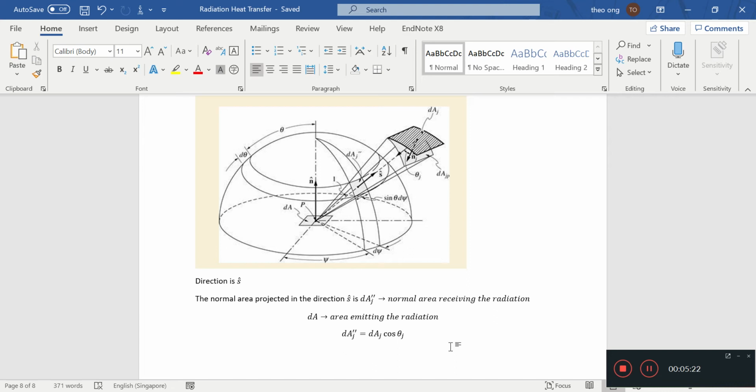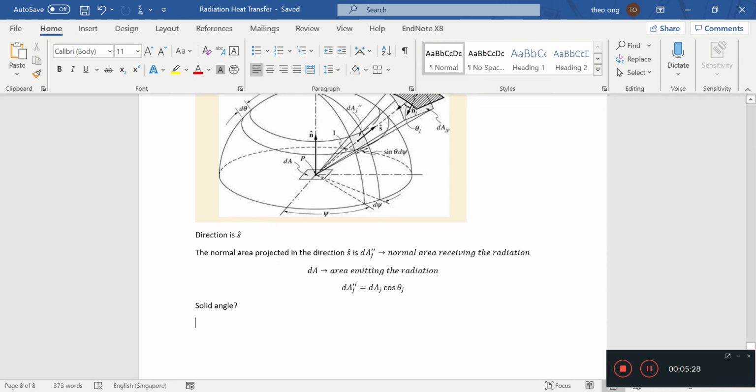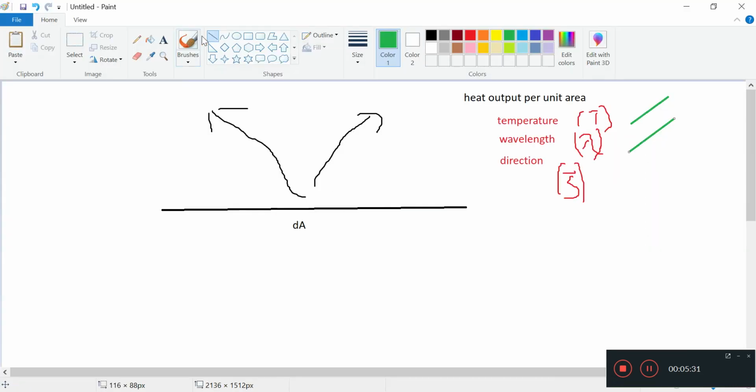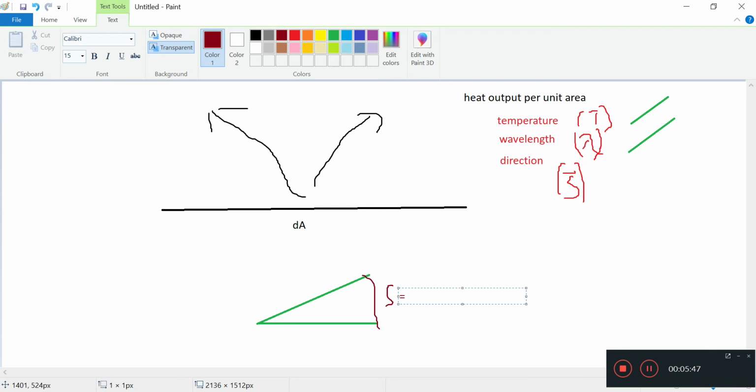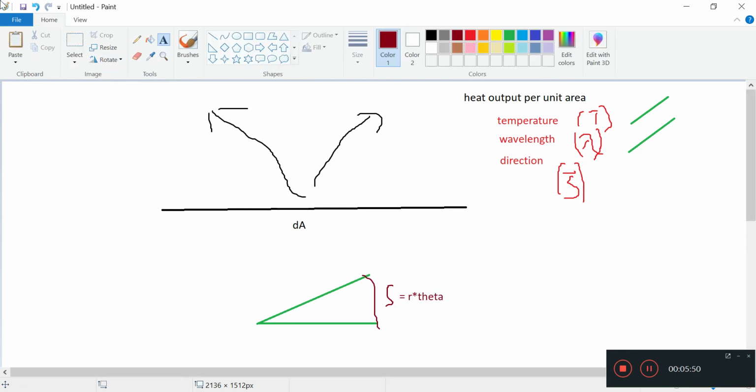So where does solid angle come in? Let me do a very quick recap. Remember how in a 2D angle sense, we have this length s, which equals r times theta. So for a small angle, this is r, this is theta, and this length will be r theta.